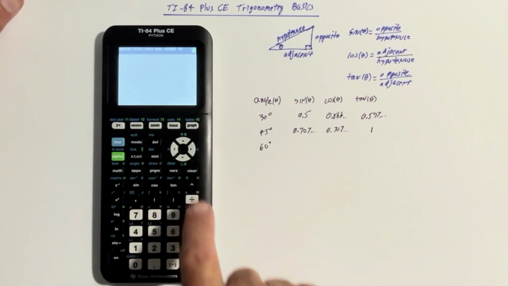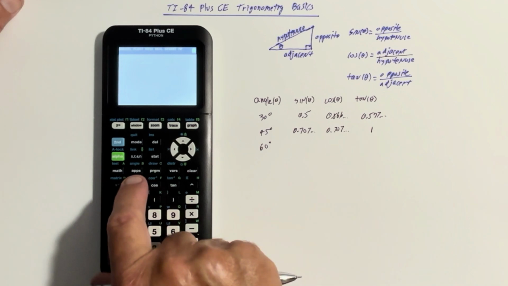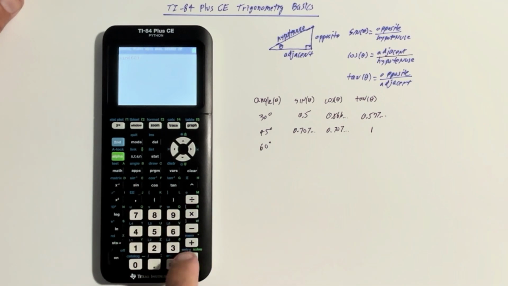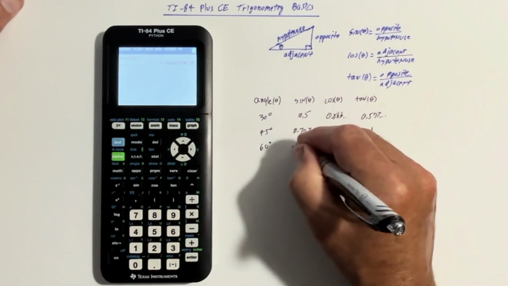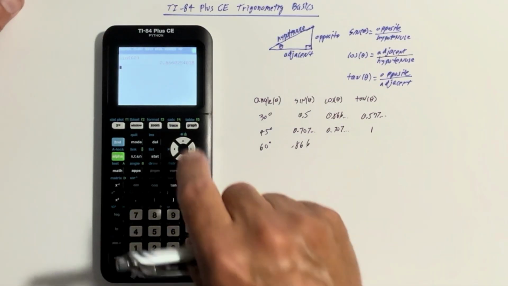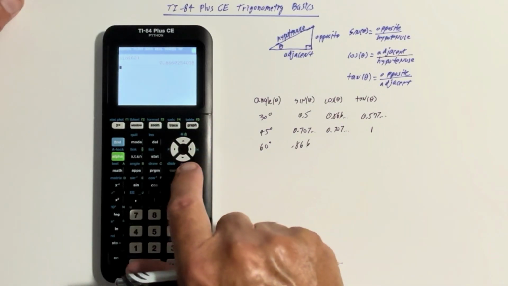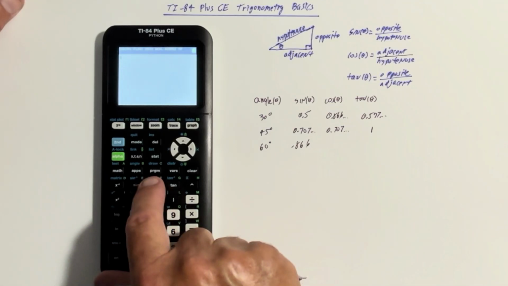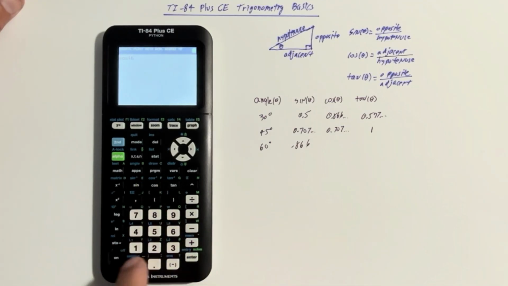Now let's go 60 degrees. Clear. Let's do the sine of 60. Enter. 0.866. And now let's go to the cosine of 60 degrees. Enter.